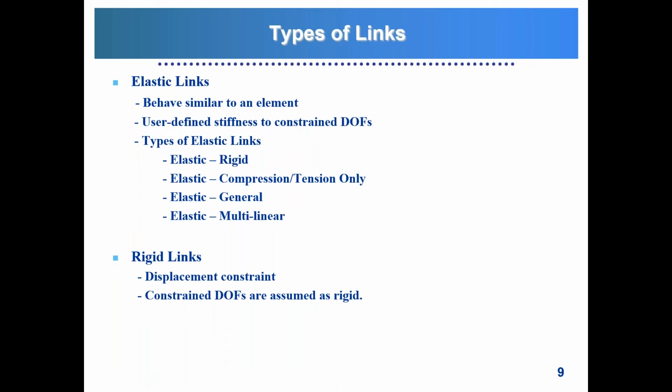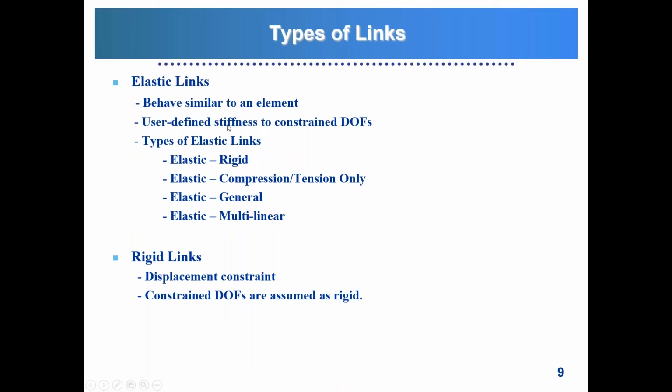Rigid links, on the other hand, it's either you have the degree of freedom released or you have it rigid, right? So the rigid links are more of a displacement constraint, whereas the elastic links, you have a stiffness that the user has to define to that link. And I'll get a little bit deeper into the differences between the two a little bit later.